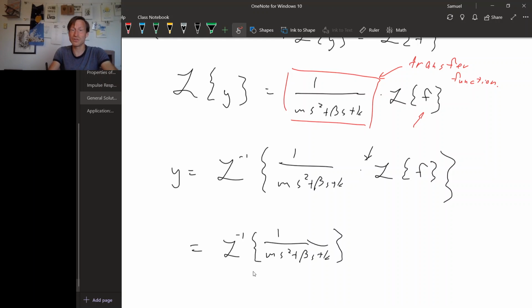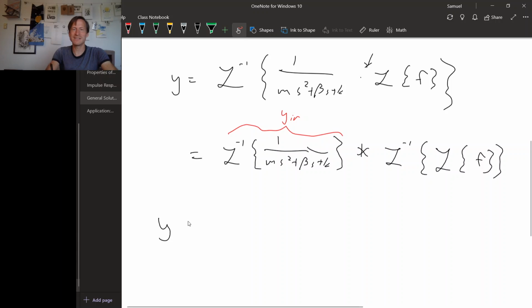This is the inverse transform of the transfer function, also known as the impulse response, convolved with the inverse transform of the transform of f. So y itself is the impulse response convolved with f.